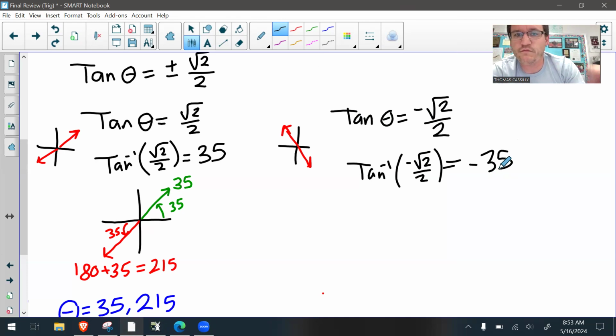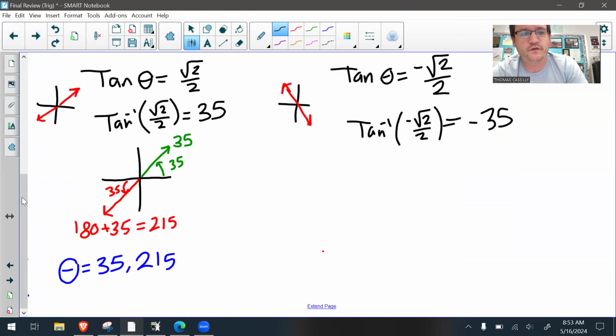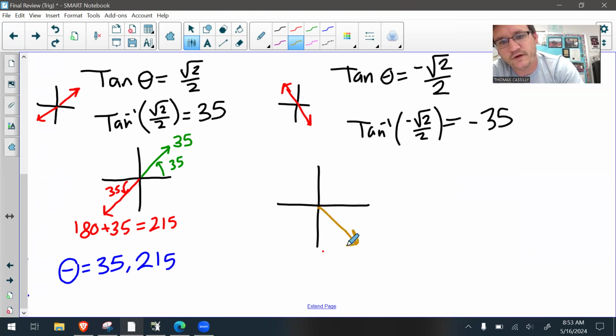Right? But if we read the original problem, they want us to keep between 0 and 360, right? So if we look at that negative 35, it's not the one we want, right? So yeah, this is a negative 35-degree angle, but that's not the one we're looking for.